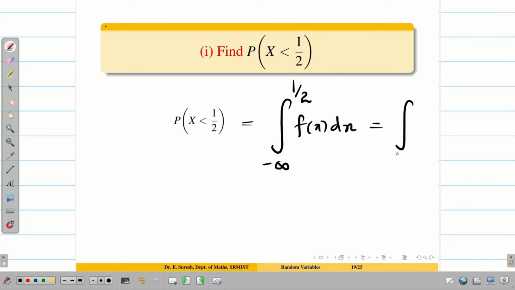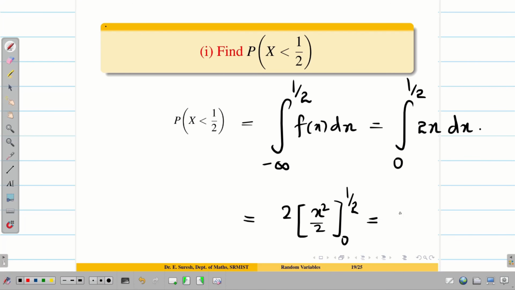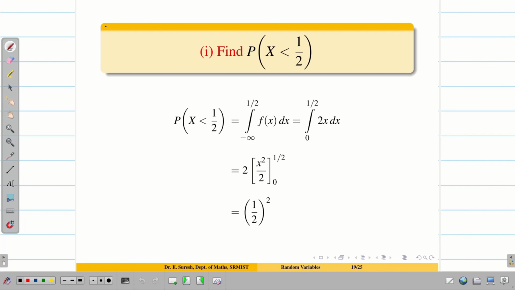So I can rewrite this as integral 0 to 1 by 2, where f of x is 2x, times dx. Now I can integrate this. We get x square by 2 times 2, from 0 to 1 by 2, that is 2 by 2 times 1 by 2 whole square minus 0. So my answer is 1 by 4.